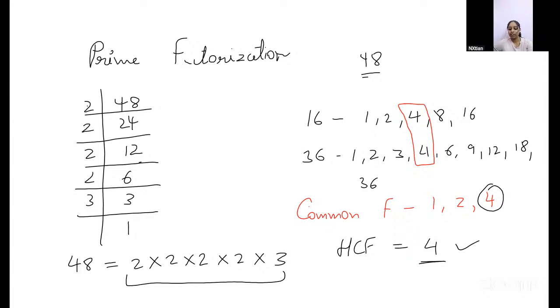Yes, these are the factors only, Abraham: 2 multiplied by 2 multiplied by 2 into 3. So 2 and 3 are the factors of 48. Ma'am, but those may not be all the factors.